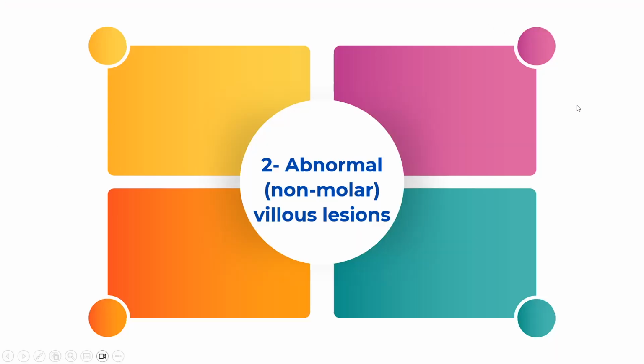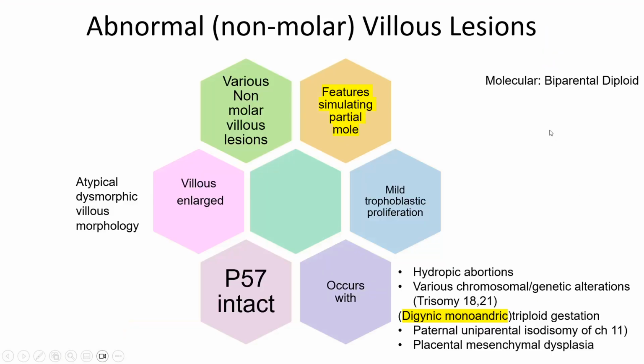Okay, now we go for the second topic, which is the abnormal non-molar villus lesions. I don't want to take lots of time on this, but I would love to shed light on the fact that we have this entity. We have cases where there are abnormal villus lesions, but these are not molar pregnancies.